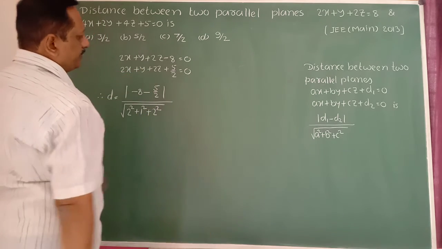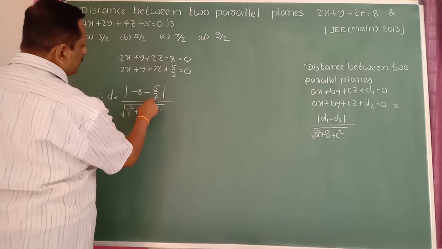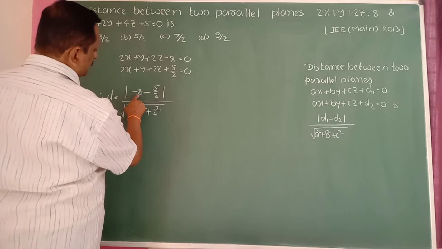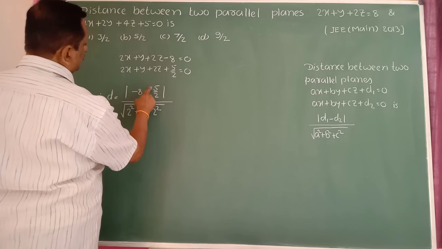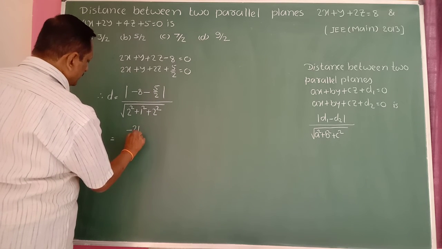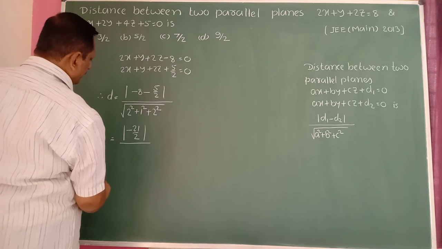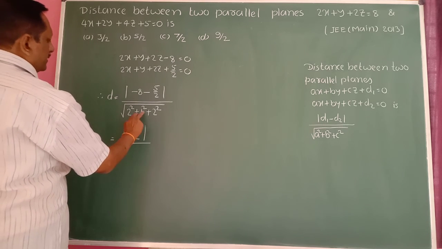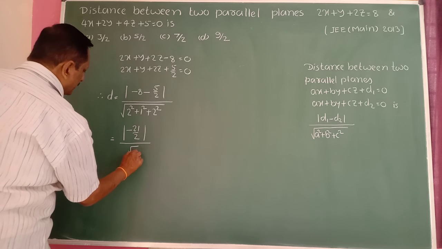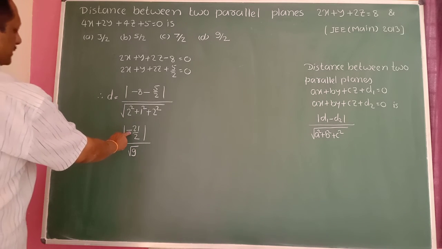Using that formula, minus 16 minus 5 gives minus 21, so minus 21 divided by 2, with the modulus sign, divided by the square root of 4 plus 4, 8, plus 1, 9.